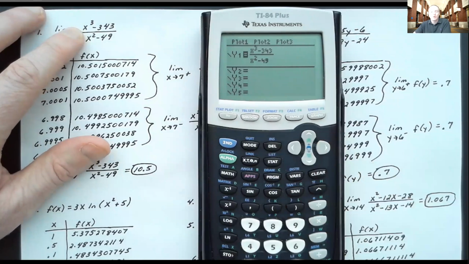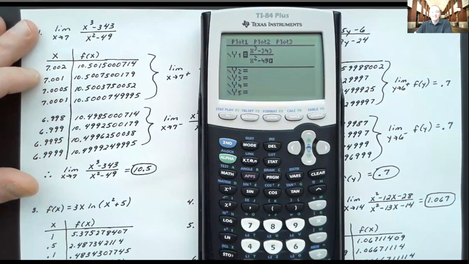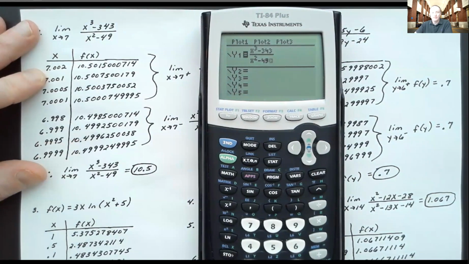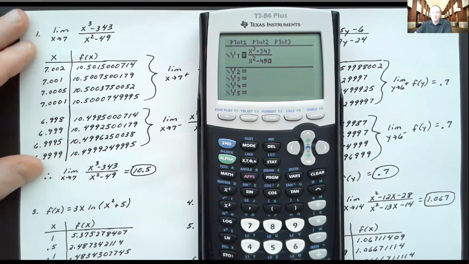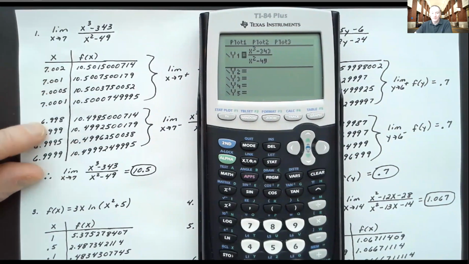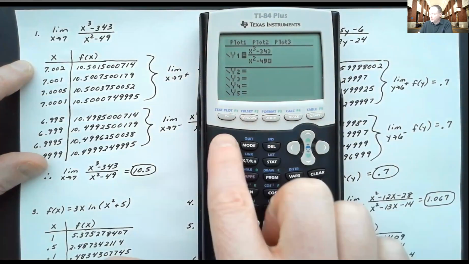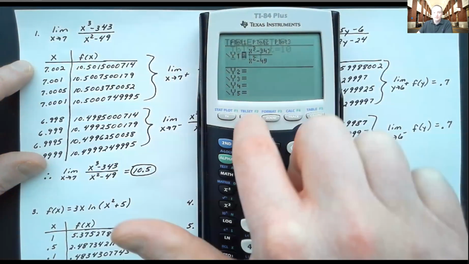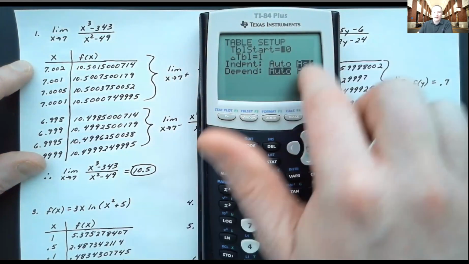Okay, so now in order to set your table up to correctly answer the values that they want for this problem, they ask these specific x values as x approaches 7 from the right and as x approaches 7 from the left. Well, most people have their table set up from algebra classes.